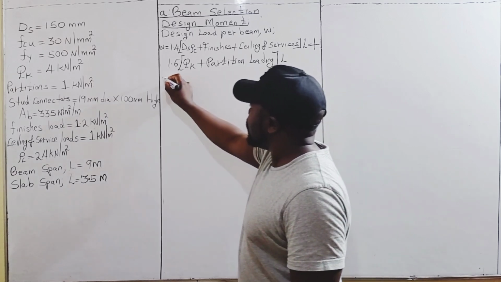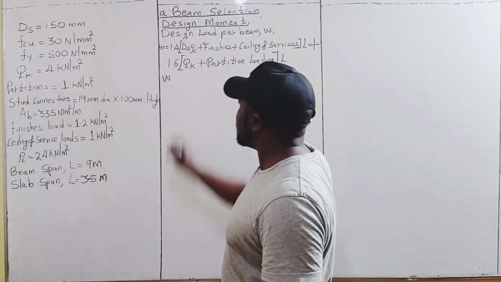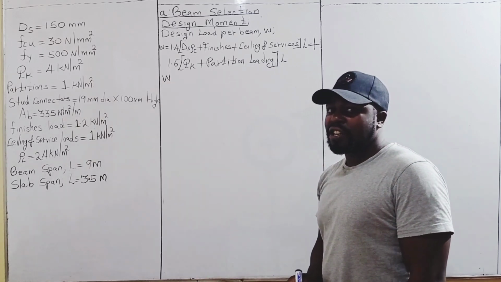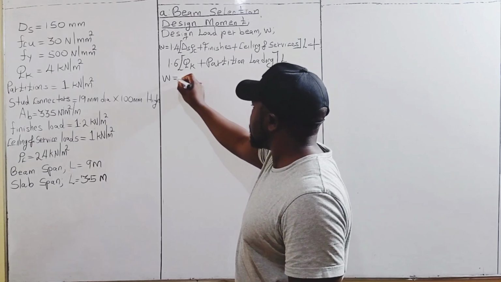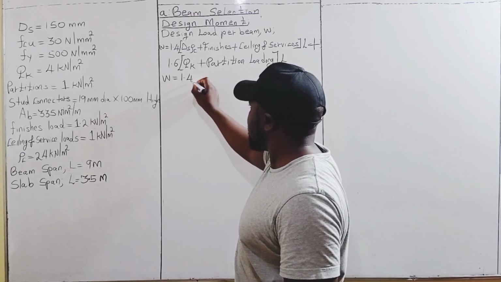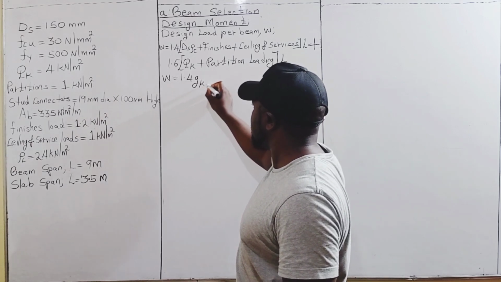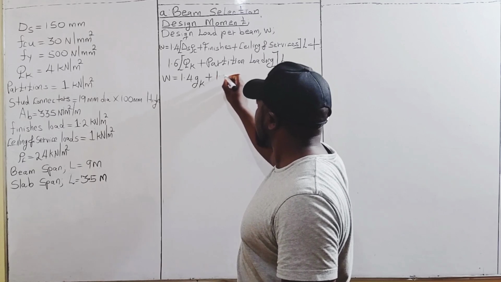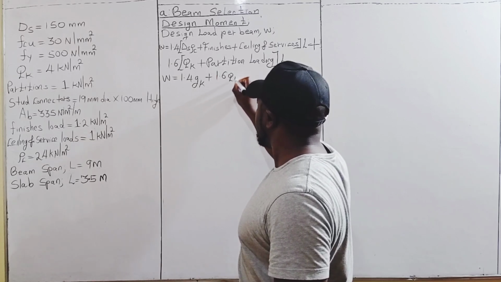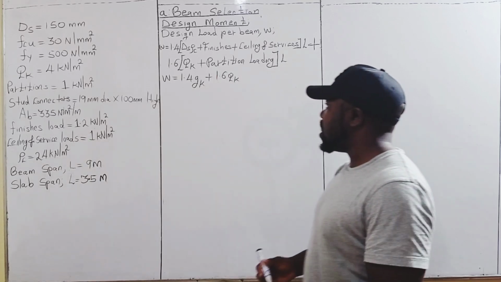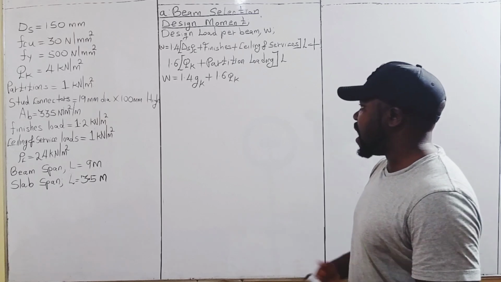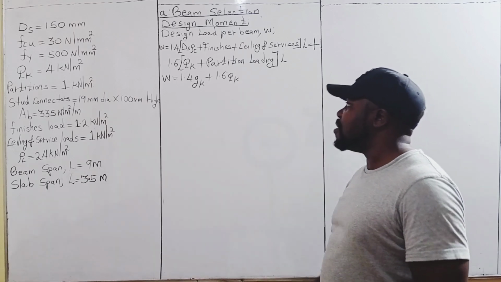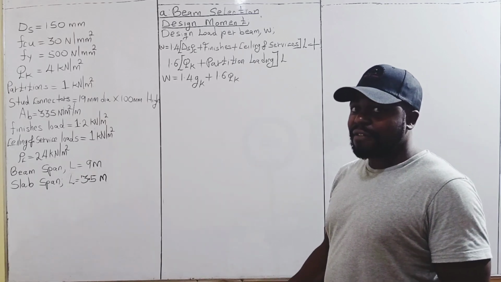Remember, we usually have this formula when calculating the design loading, which is 1.4 GK plus 1.6 QK, where GK denotes dead load and QK denotes imposed or live loads.